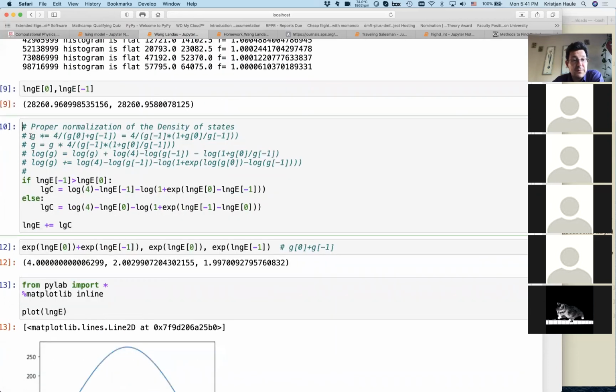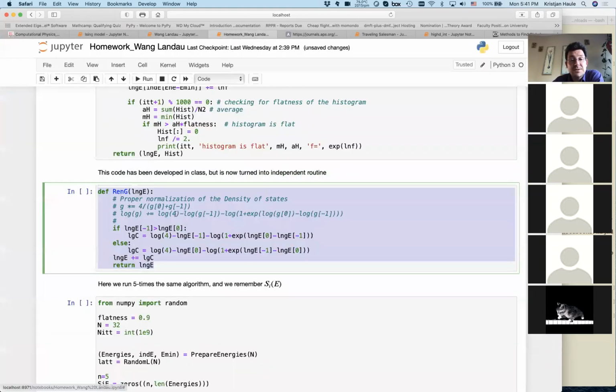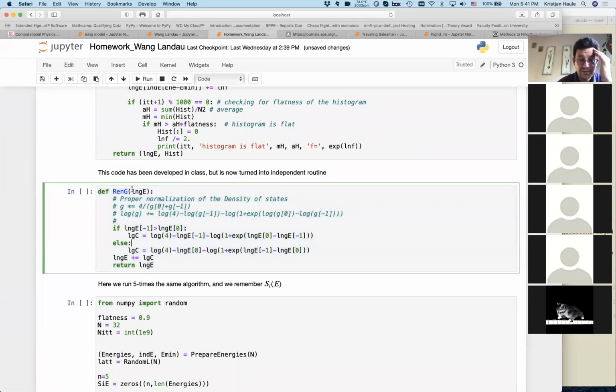It's basically this proper normalization. We said proper normalization has to be done so that the endpoints have degeneracy 2. This is exactly the same thing, now turned into a function. If you give me the logarithm of the density of states, then we will correct it and return the corrected logarithm of the density of states, which is properly normalized. That's all. This I think is pretty clear.